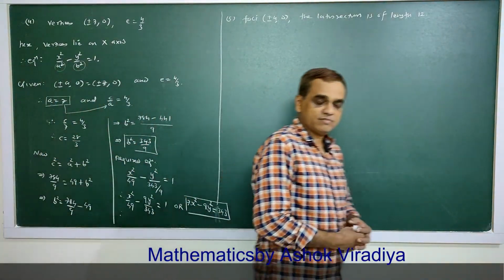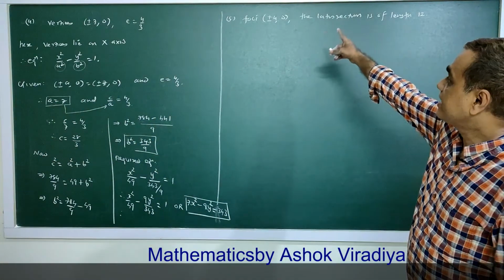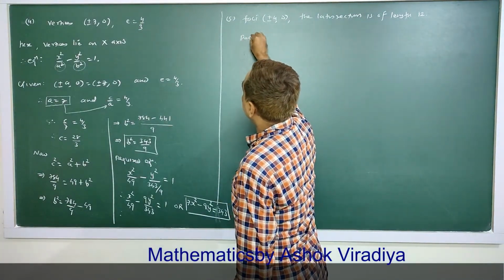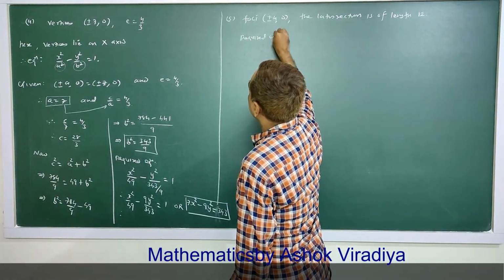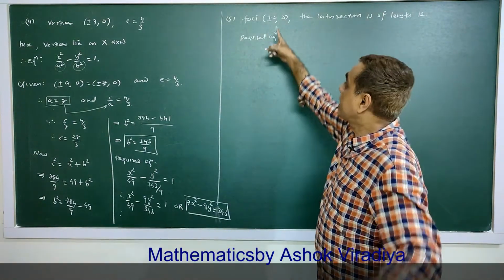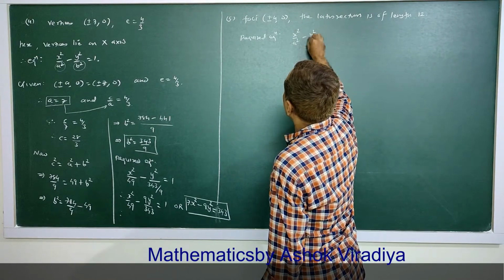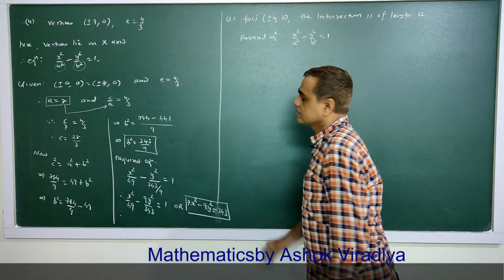Now here, foci lie on the x-axis. Because foci lie on the x-axis, the required equation is x square by a square minus y square by b square is 1.